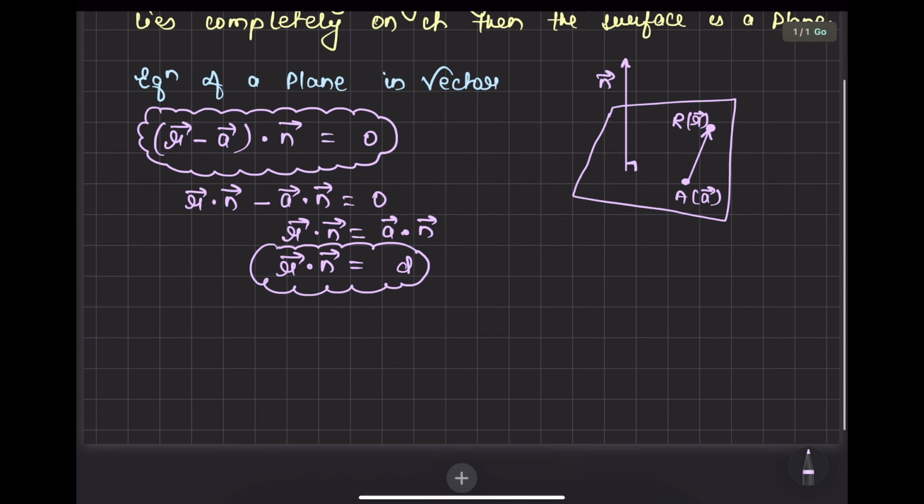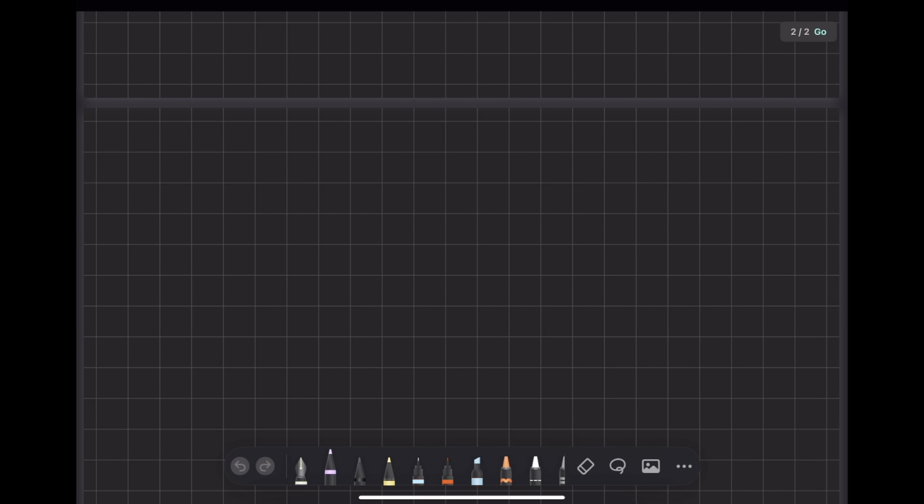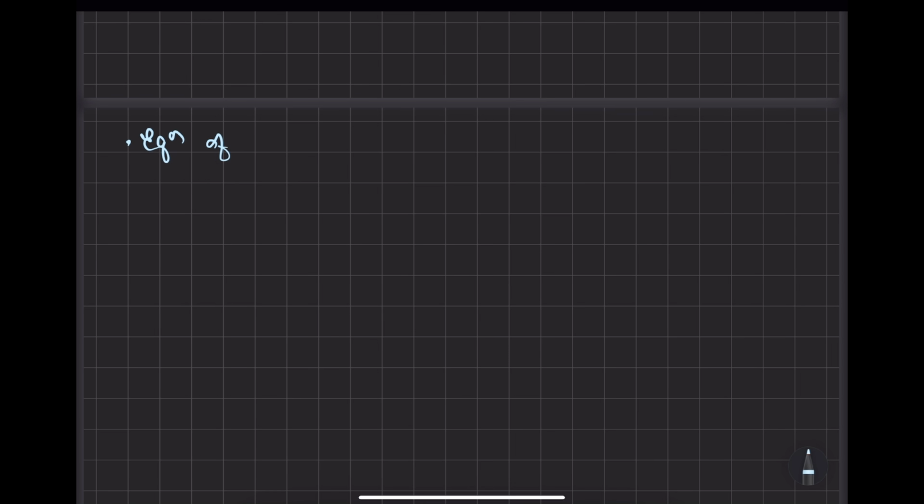Now look at this. Now we will jump on to the next part, the equation of plane in Cartesian form.